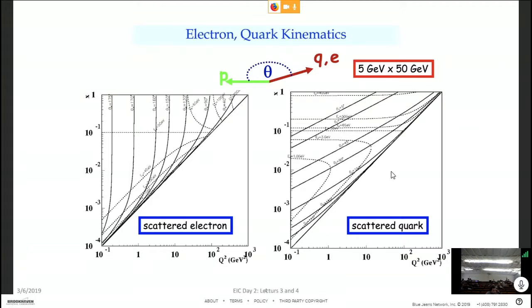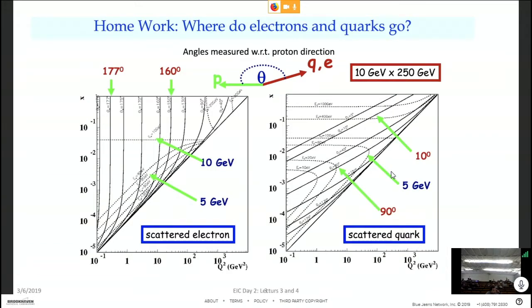And theorists also have to understand this very importantly, because on such a plot, if you start telling me as an experimentalist that you want to measure something in the 10 to the minus 5 region, I'm already going to tell you that it's a very small region of Q squared that I can measure things at. I don't have much range in it.